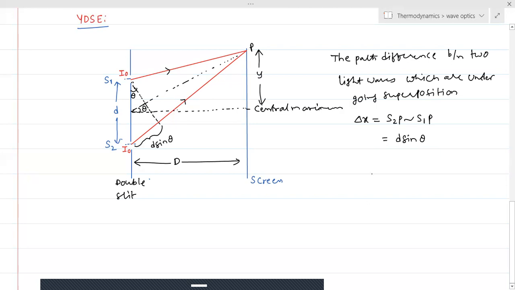So here we will have the conditions for the path difference.